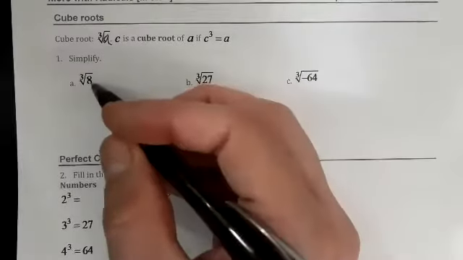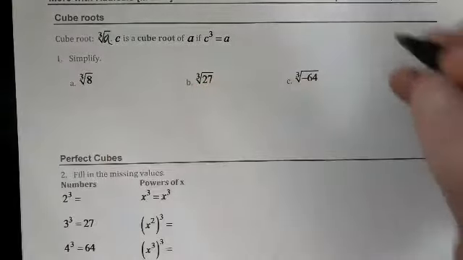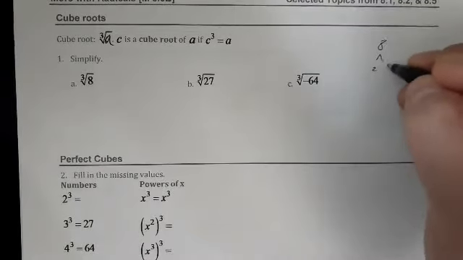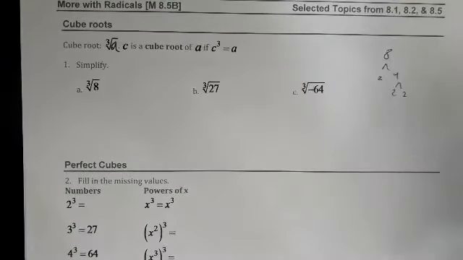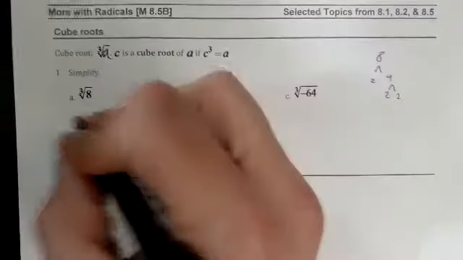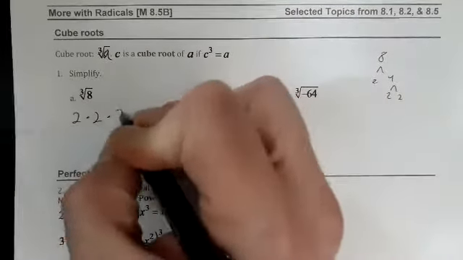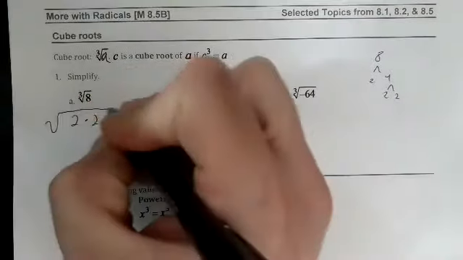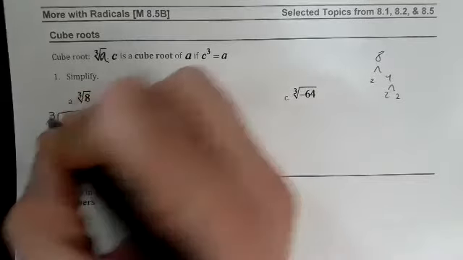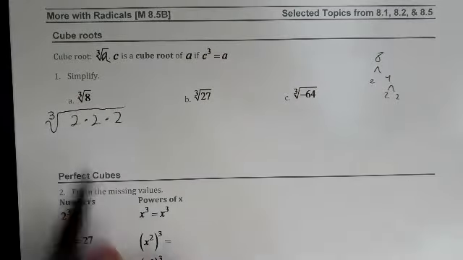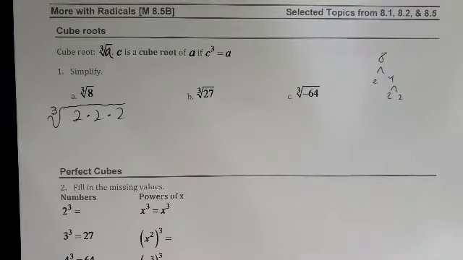So if we look at 8, I want to break 8 apart into its factors. I can do a 2 and 4, 2 and 2 if I want to break 8 apart. So 8 would be 2 times 2 times 2. And the index on my radical, the number 3, is telling me how large the group needs to be.